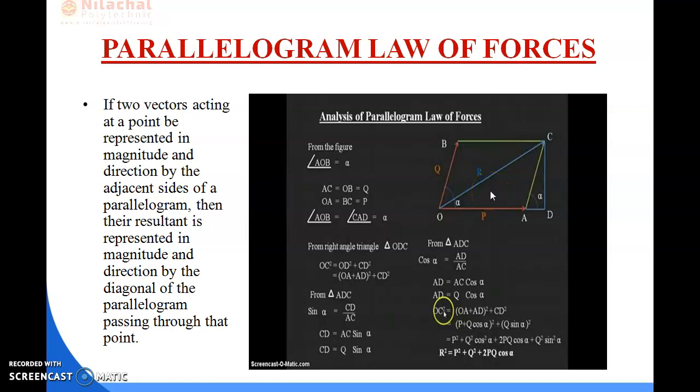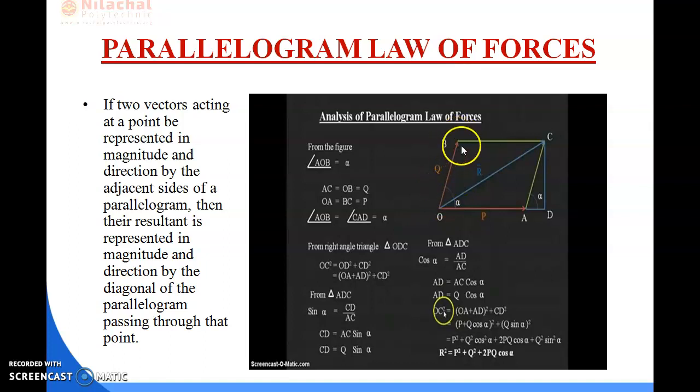First we take a point O, and two adjacent forces are acting here, one is P and another one is Q, and the Q force makes an inclination angle alpha. The P force originates from O and the end point is A, and from O to B it is the Q force.